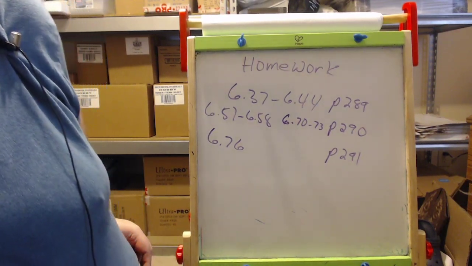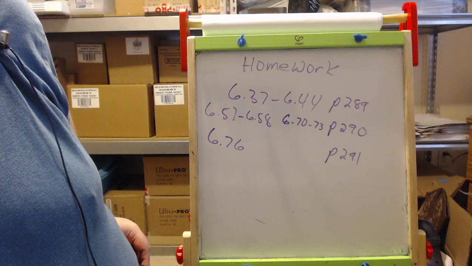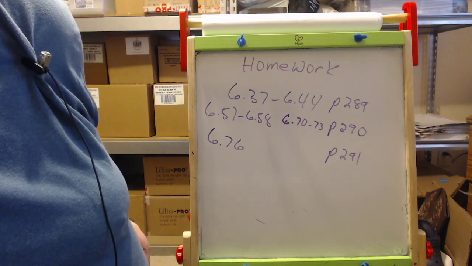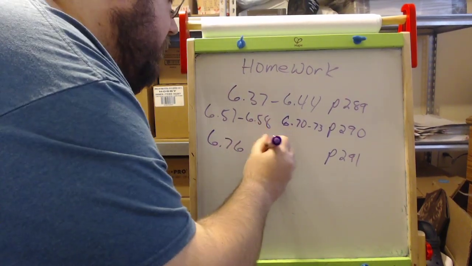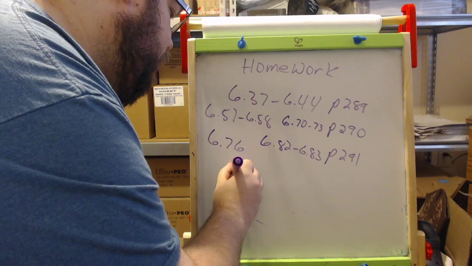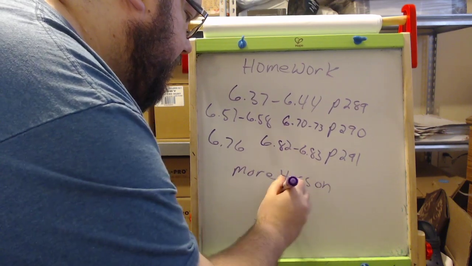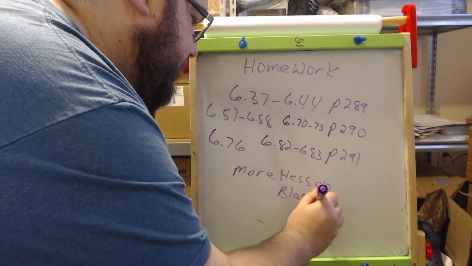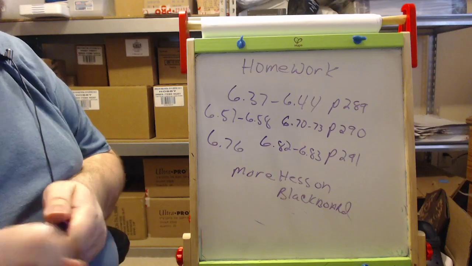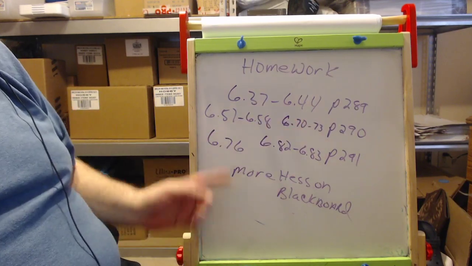And then 6.82 and 6.83. So 6.37 to 6.44, 6.57, 58, 70 to 73, 76, 82, 83.